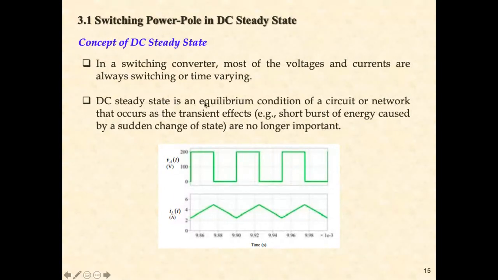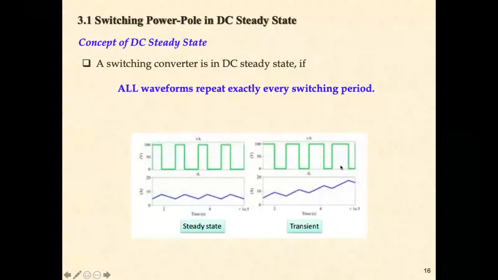So actually DC steady state is an equilibrium condition. So what is the equilibrium condition? It means that the beginning or the initial condition is equal to the final condition, right? There's no change. So you will know more in this slide. For this one, the initial point is here, and then the final point is here. You can see that there is an obvious increment for current.